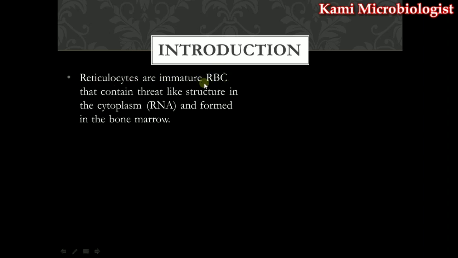Immature form of the RBC means which are not mature, which are not functioning, because we better know the normal structure of the RBC. RBC are biconcave in shape, and they do not have a nucleus in their cytoplasm. But in this case they have a thread-like material which we call RNA in the cytoplasm, and these reticulocytes will be secreted from the bone marrow.